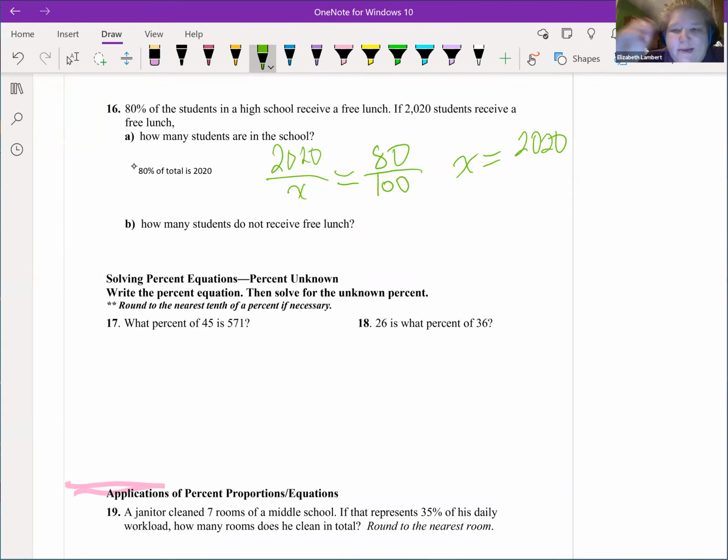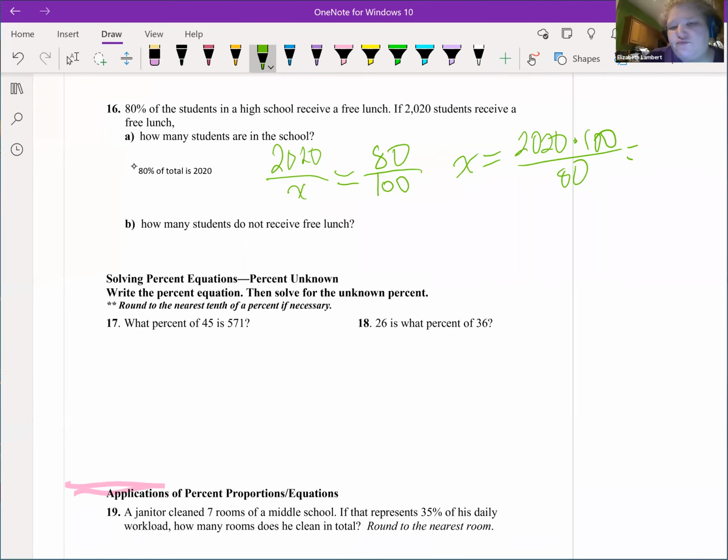Or 2020 divided by 80 over 100, but I'll just do what we would get from the cross multiply and then divide by the third. 2020 times 100 divided by 80.